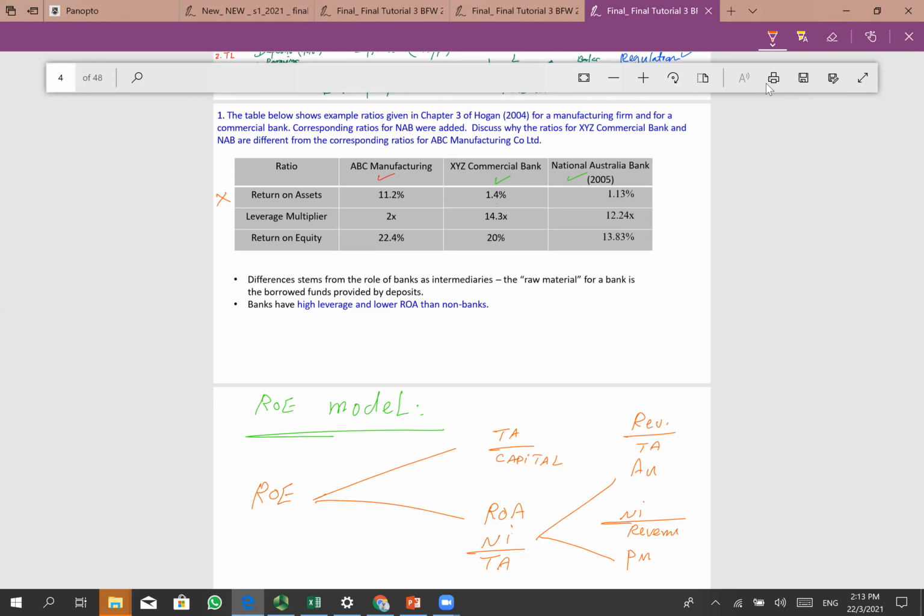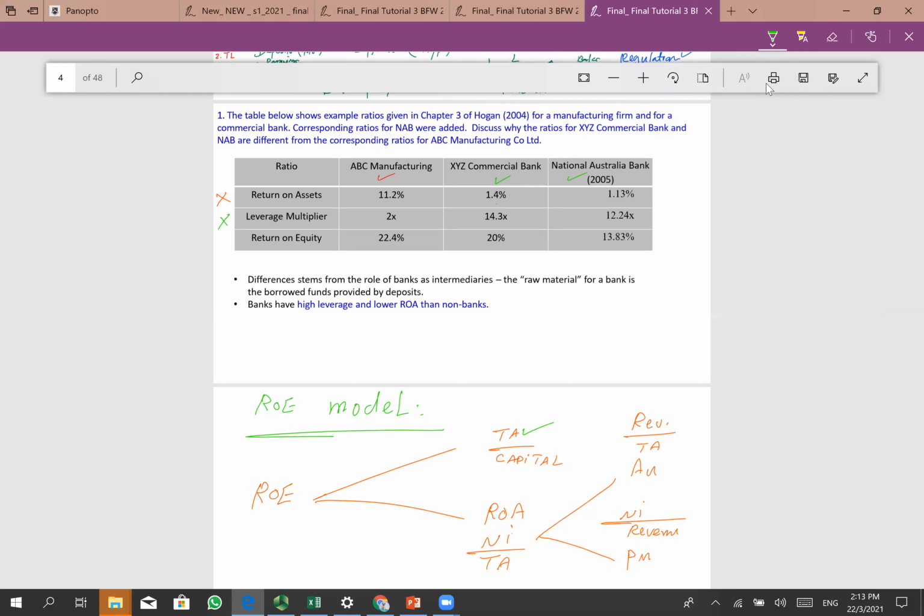Number 2, the leverage multiplier. Does the leverage multiplier have a total asset item or a total liability item? Yes, it has. So my first conclusion is we cannot compare. Let's see the numbers.